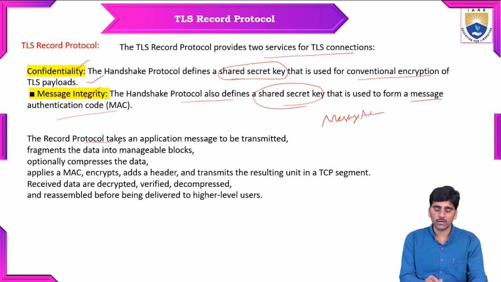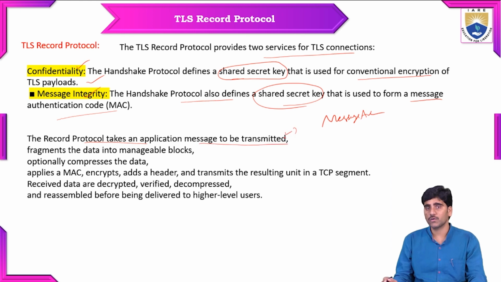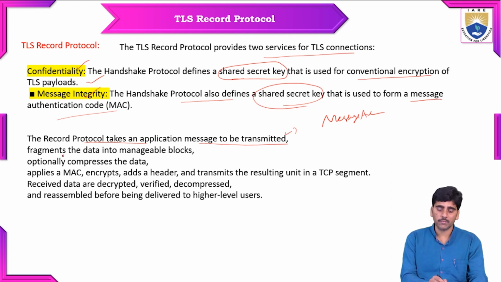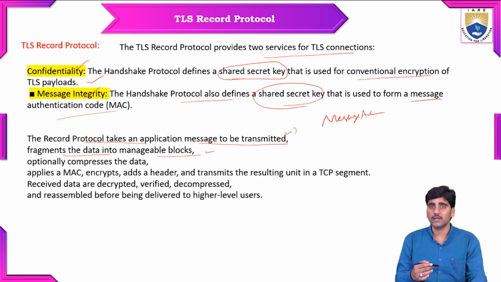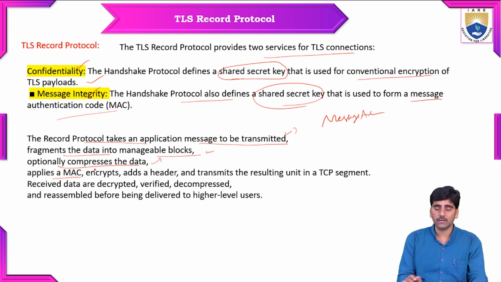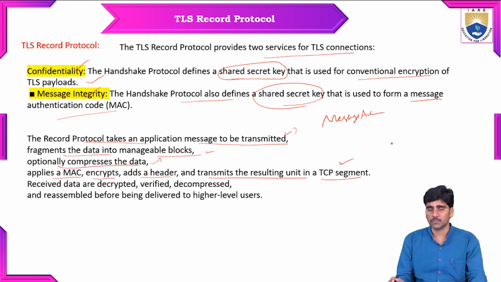The record protocol takes an application message to be transmitted. Next it fragments the data into manageable blocks, and third it optionally compresses the data. It applies a message authentication code and encryption, adds a header, and transmits the resulting unit in a TCP segment.